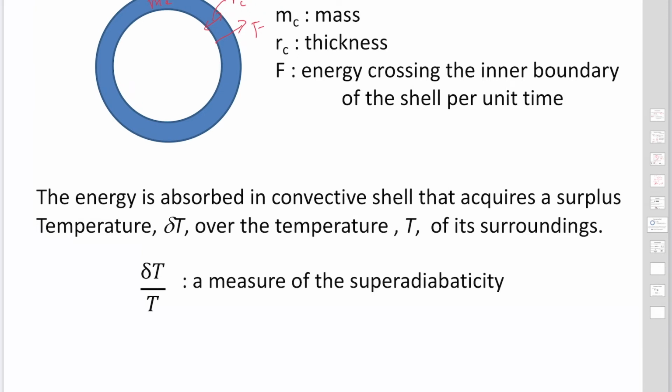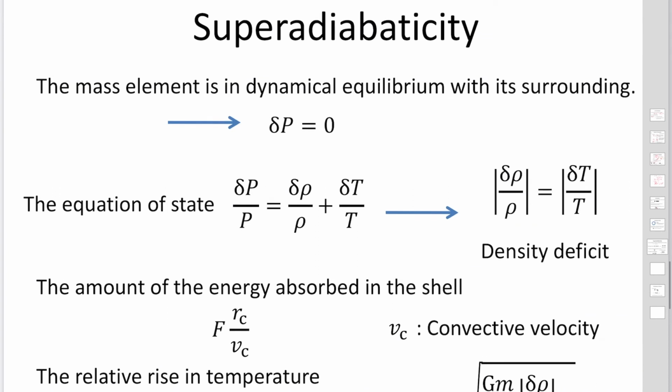Delta T over T is a measure of the superadiabaticity. So superadiabaticity is what we'd like to study.